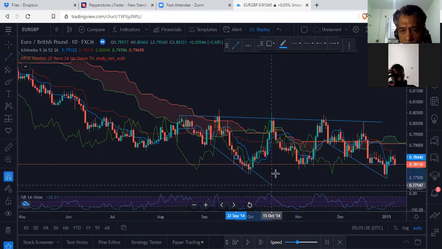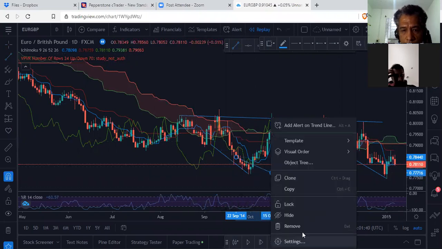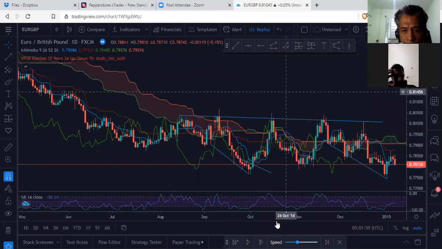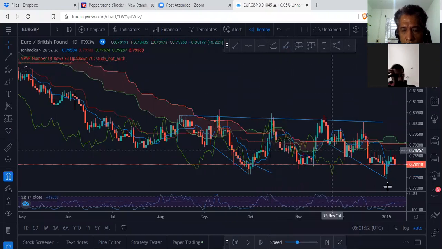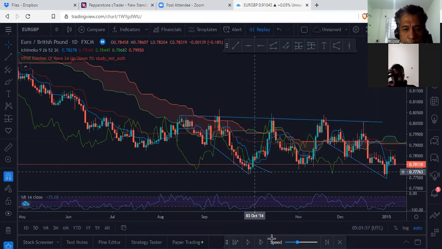So that I can make entries, I'm not going to make trend lines. I'll just use my mouse to see. If I draw trend lines and then enter, I'll be late entering the market. So I'll just visualize the trend lines with the Chikou. Okay. So I'm going to begin right now.